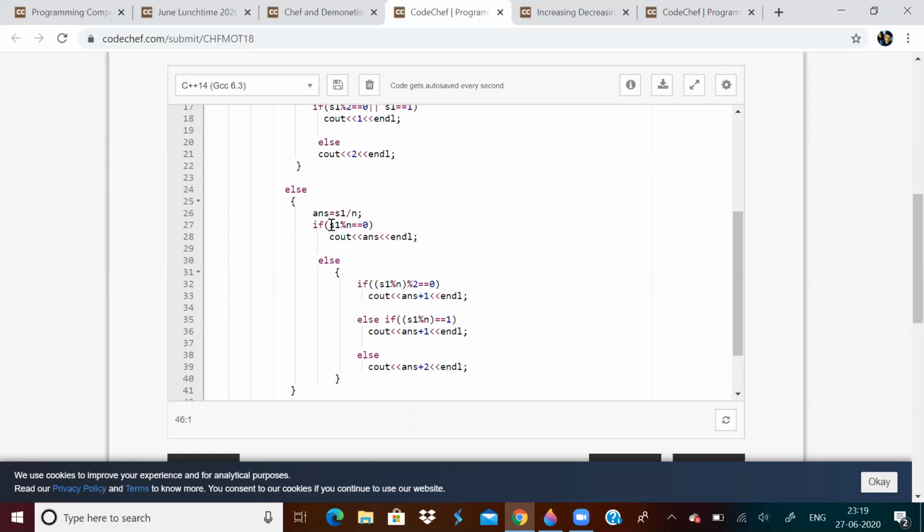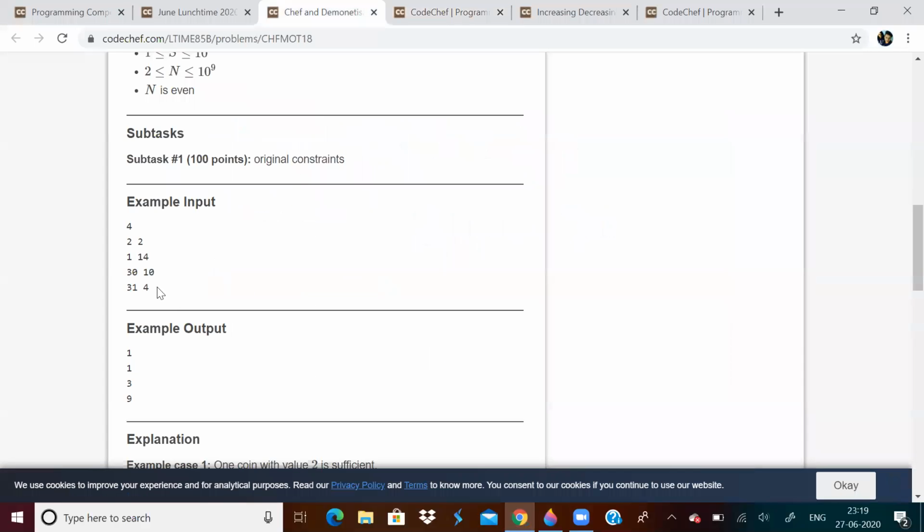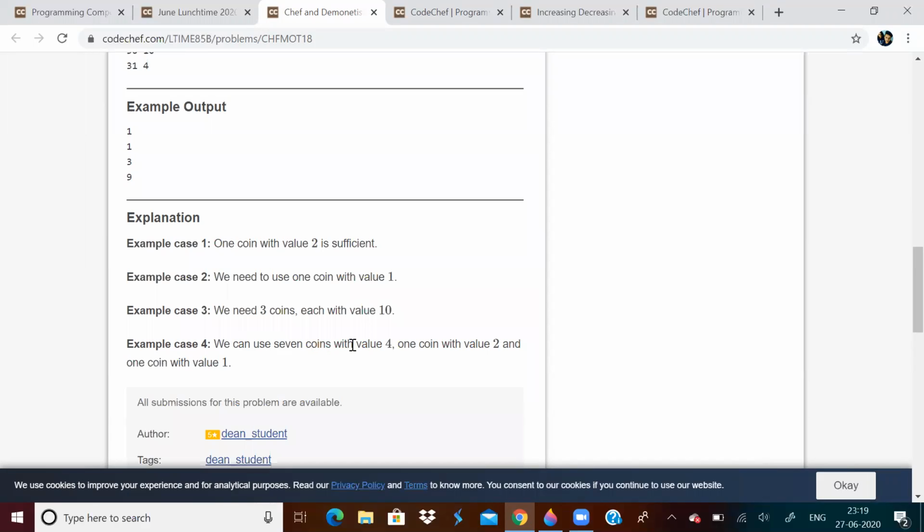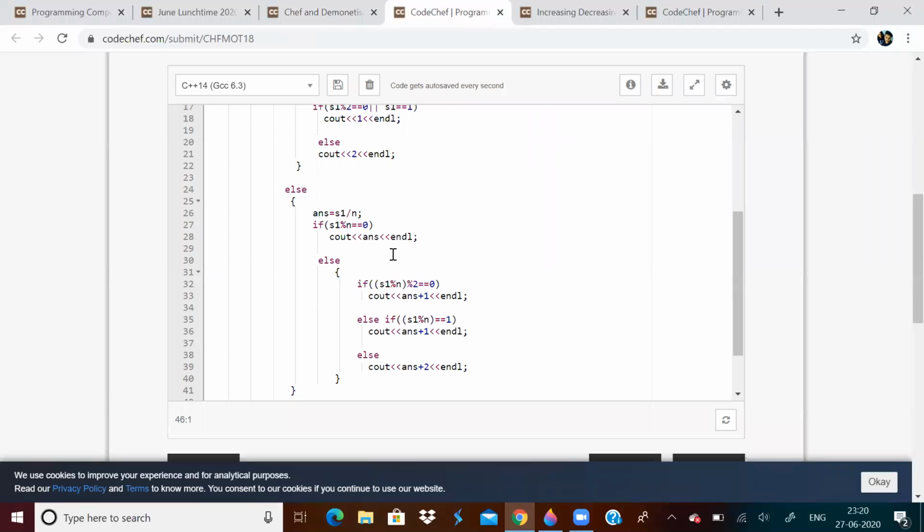Now, if n is less than s, let us look at this example. S is 31 and n is 4. The answer is 9 for this case. How did they get 9? Use 7 coins with value 4, so the total will be 28, one coin with value 2 and one coin with value 1. So essentially, how did they get 7?